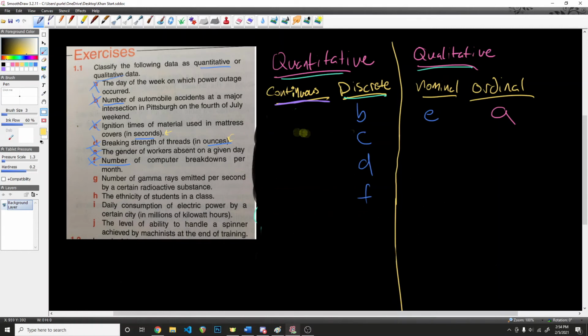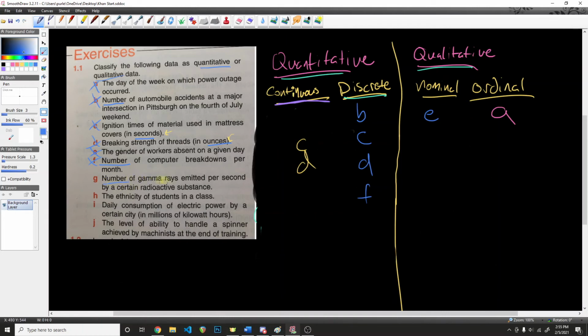Because these are measurements, it's probably best to say they could be either continuous or discrete, depending on whether or not we are setting this bound here. Here it says in seconds, but are we saying that we're not going to measure to a smaller degree than 1 second? If we say we're never going to measure smaller than 1 second, then that would be discrete. But if we ever decide that we want to measure 0.0001 seconds or something like that, then we would be talking about continuous.